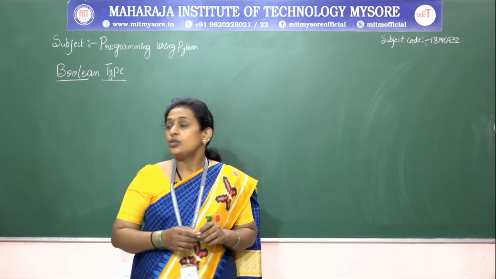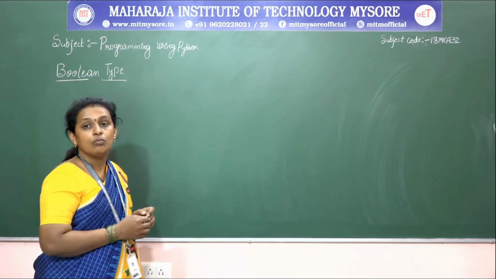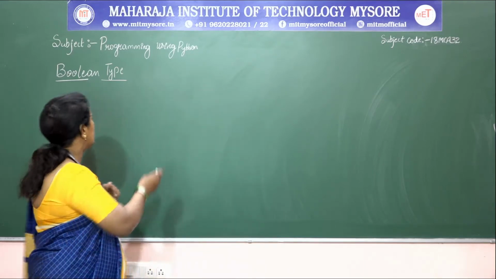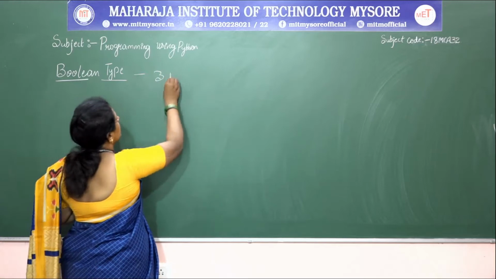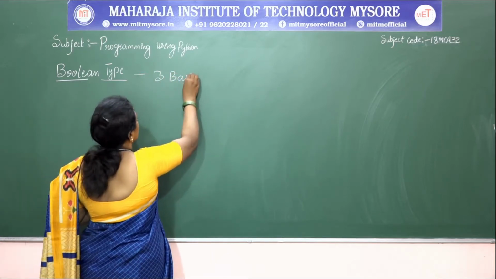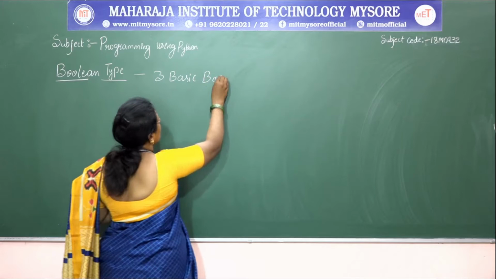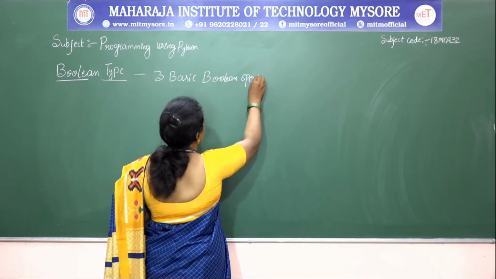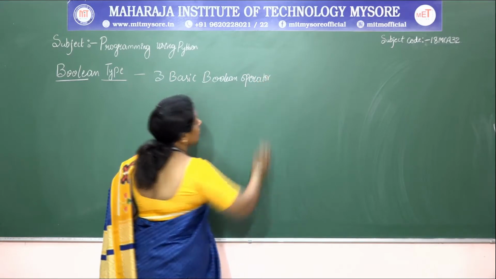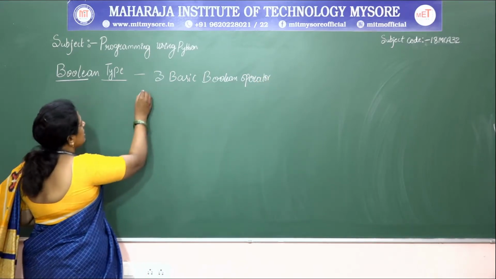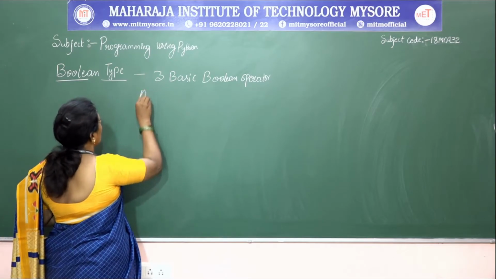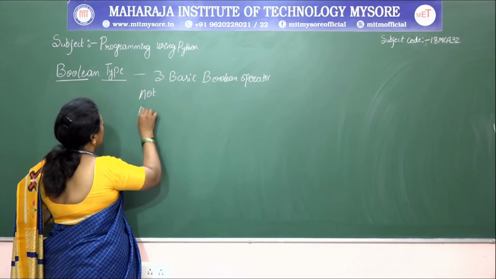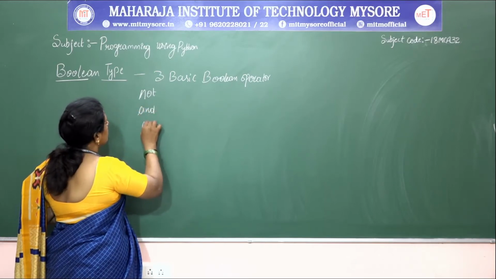With respect to Boolean, we have Boolean operators. There are three basic Boolean operators: not, and, or.